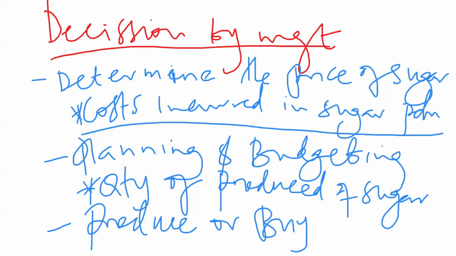So maybe there are some spare parts that they want to use in another production process. They may say that producing these spare parts would just waste our time, because the costs we would put in make it cheaper to just buy instead of producing. The other issue would be even controlling costs. Management would also try to control costs, or cost control.